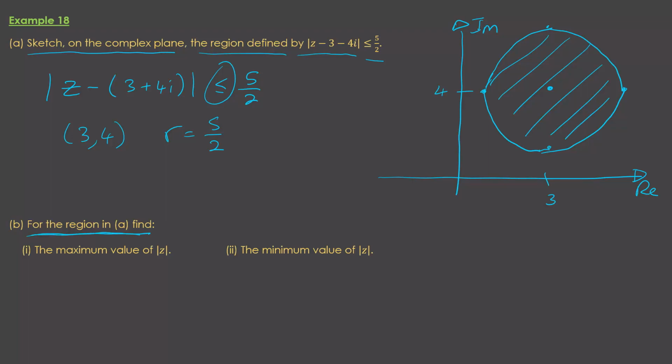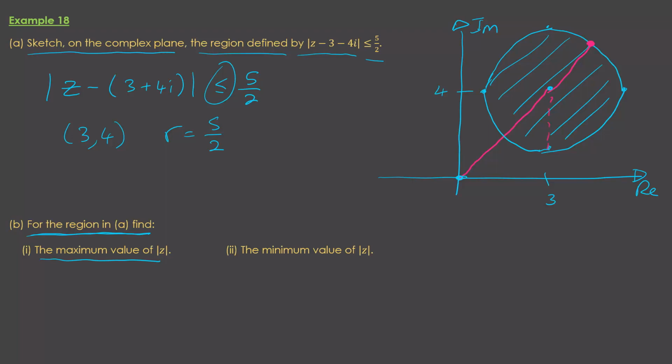So for the region in A, find the maximum value of mod z. So that's going to be the furthest distance of any point in that circle from the origin. Now, the way to do this is to take a line through the center of the circle right the way across to the point on the circumference over there.